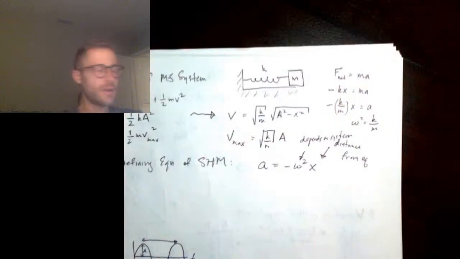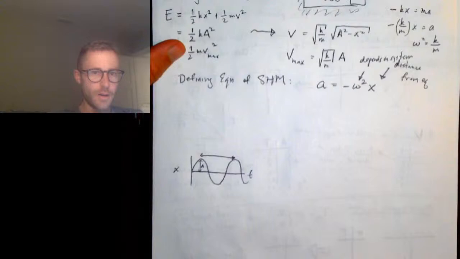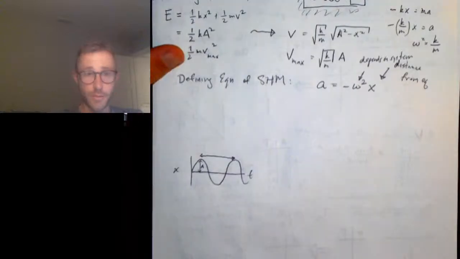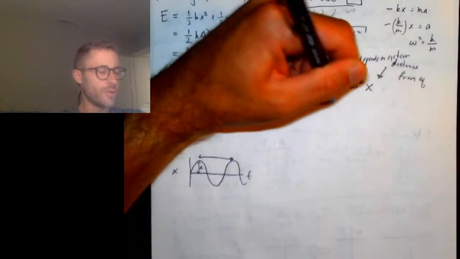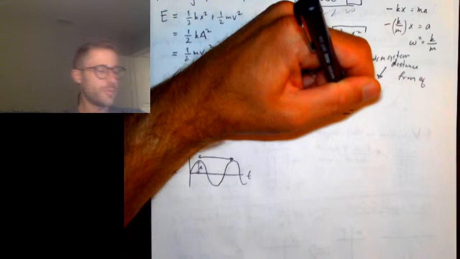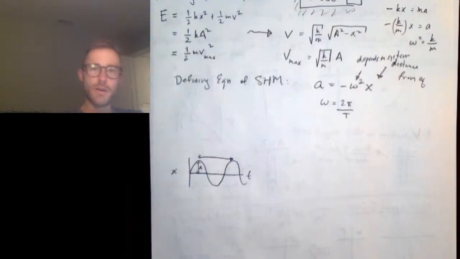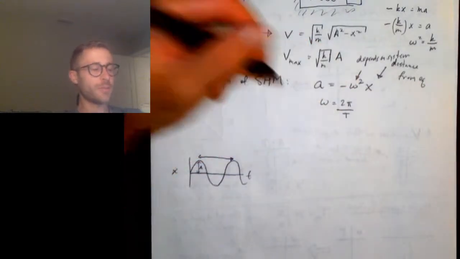All right. Now, omega is related to the period, and this is something that I would prove in AP Physics C. But it's related to the period through omega is 2 pi over the period. We can use this equation as well to figure out the maximum acceleration.